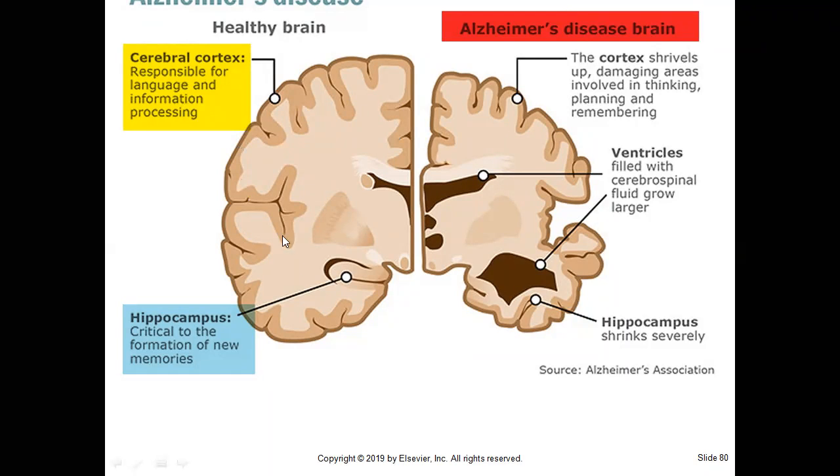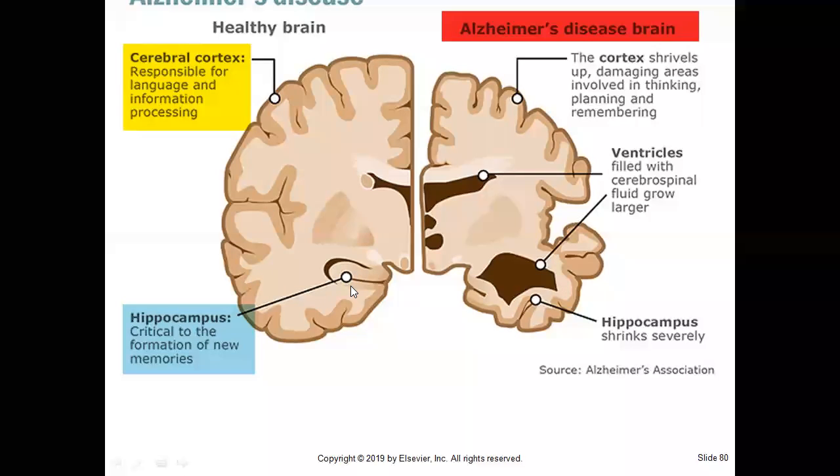In the healthy brain, you can see the brain matter is full and the ventricles are very narrow or small. This is called the cerebral cortex, and it is responsible for language and information processing.